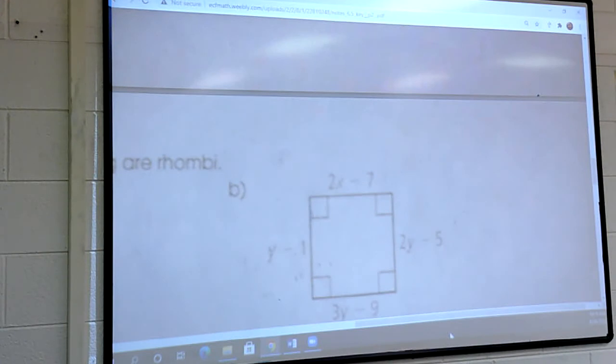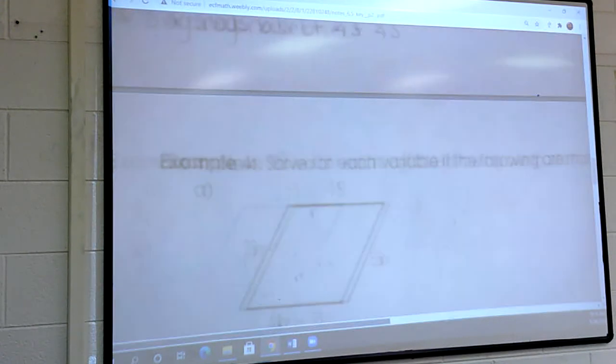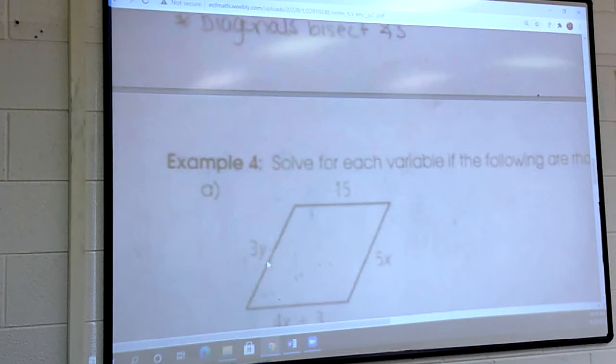So I could set any of them equal to each other to get started. It doesn't matter which one I set. Now, I wouldn't want to say 3y equals 5x because I wouldn't know which one to solve for. But I could say 3y equals 15, or I could say 5x equals 15 because I know the sides are going to be equal to each other.